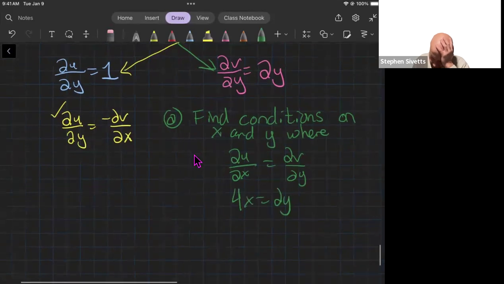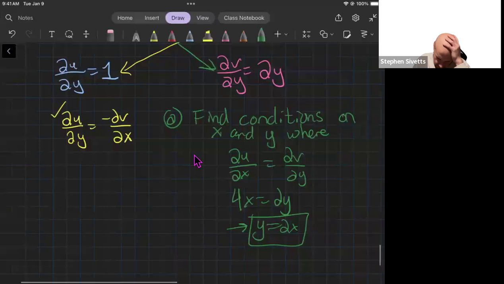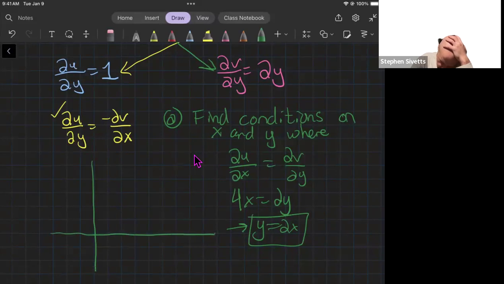This will constitute a line, y equals 2x in the complex plane.